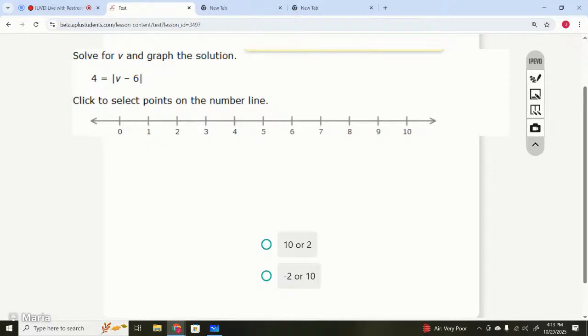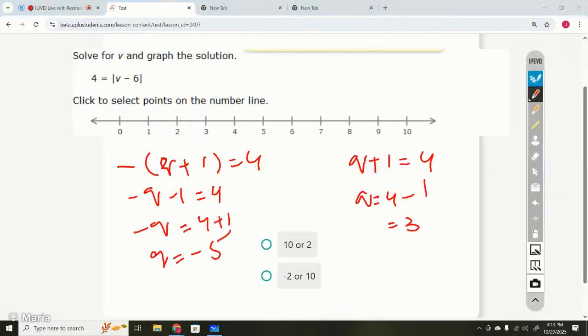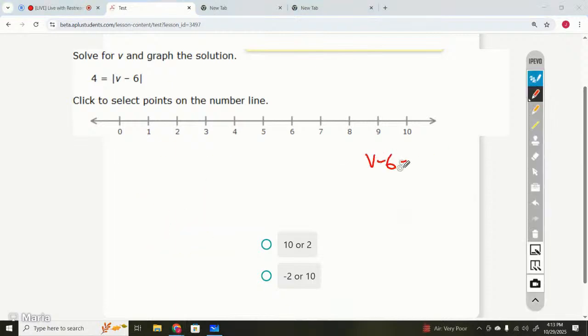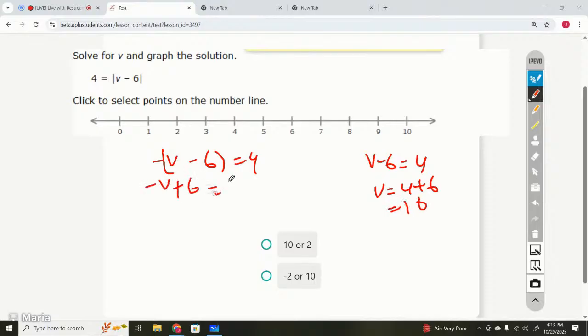The absolute value of V minus 6 equals 4. So that is V minus 6 equals 4 and negative V minus 6 equals 4. So V equals 4 plus 6, that is 10, and negative V plus 6 equals 4. So negative V equals 4 minus 6, V equals 2.